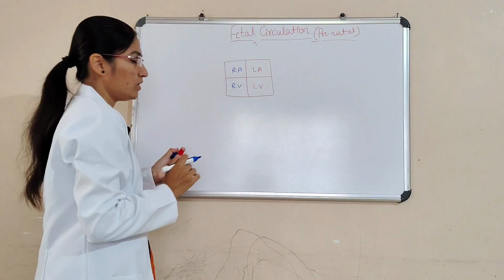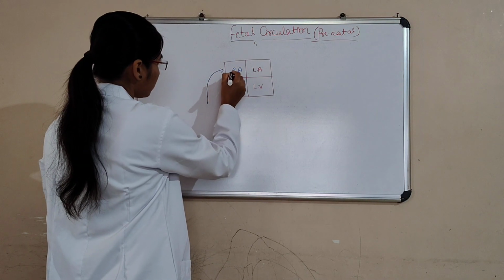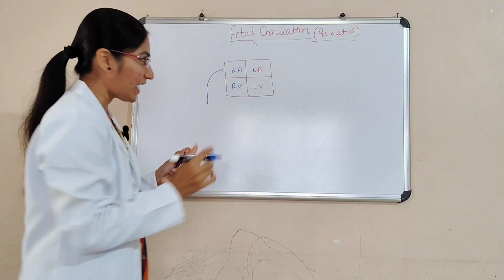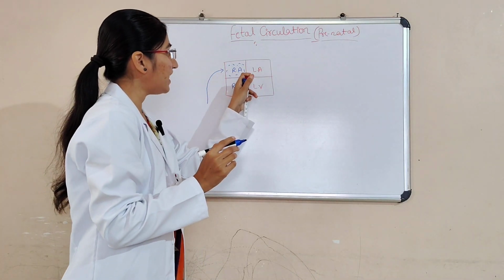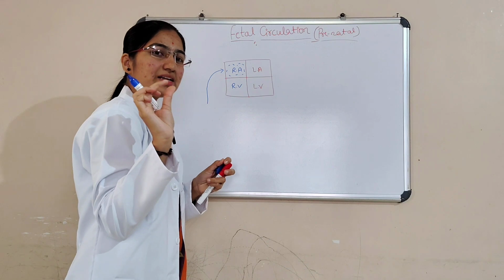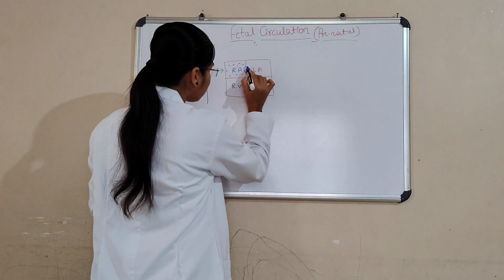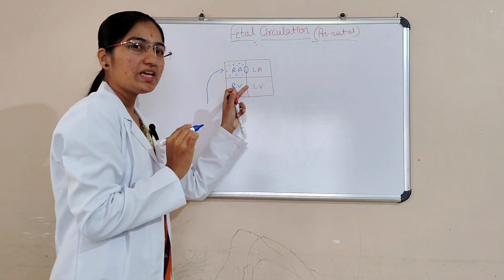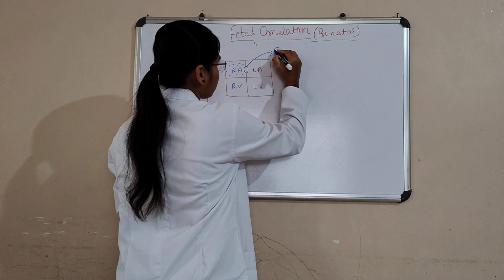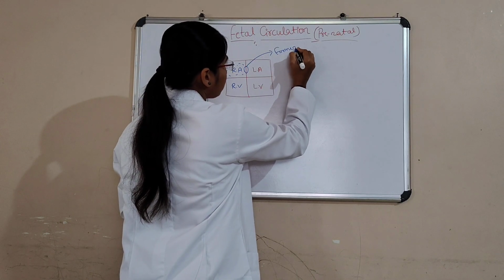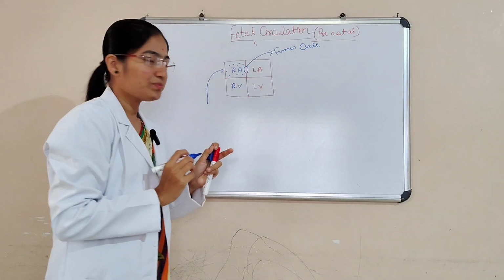From the inferior vena cava the blood goes to the right atrium, and then in between the right atrium and the left atrium there is a little opening. This opening is called the foramen ovale.